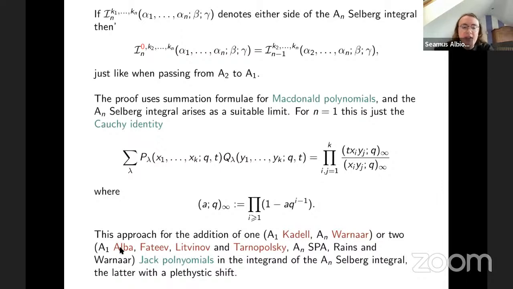Around 2012, Alba, Fateev, Litvinov, and Tarnopolsky realized you could include two Jack polynomials in the integrand of the ordinary Selberg integral, but with some plethystic shift. And then a few years ago, in a precursor to what I'm talking about today, myself, Eric Rains, and Ole Warnaar generalized this to A_N. So we included a pair of Jack polynomials in the integrand of the A_N Selberg integral. And I'll say a bit more about generalizations involving symmetric functions later on.